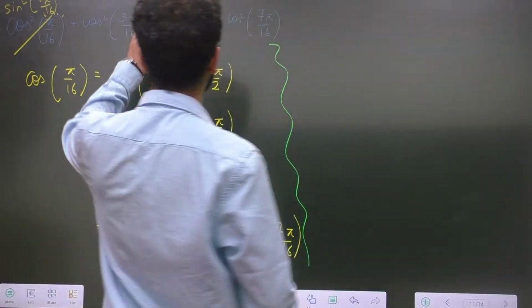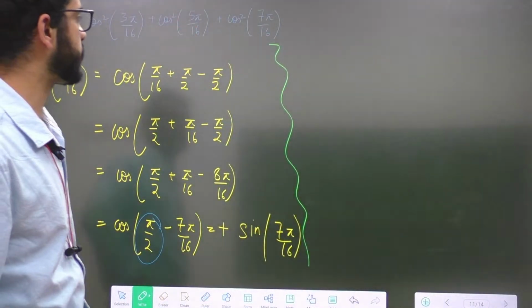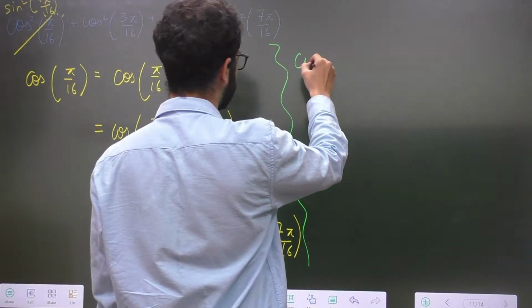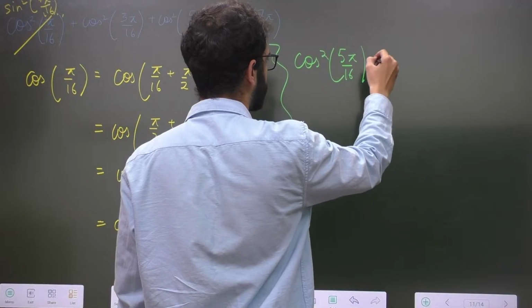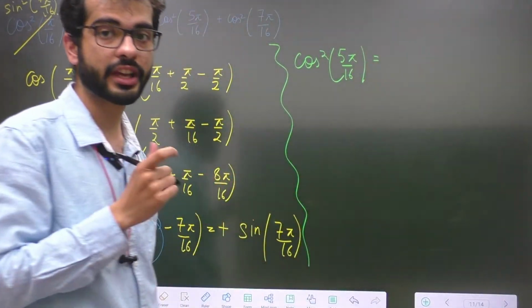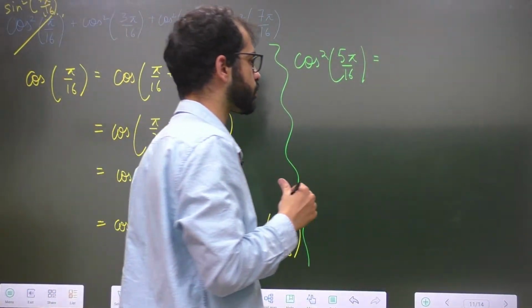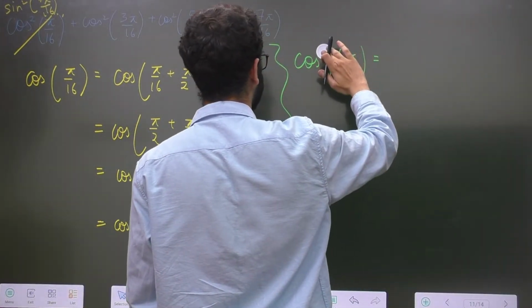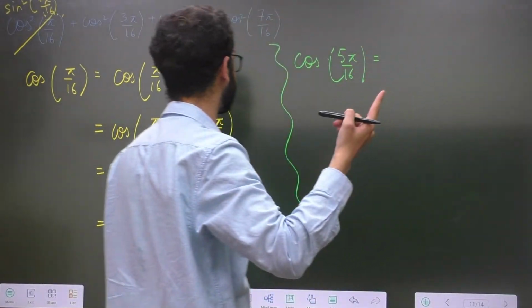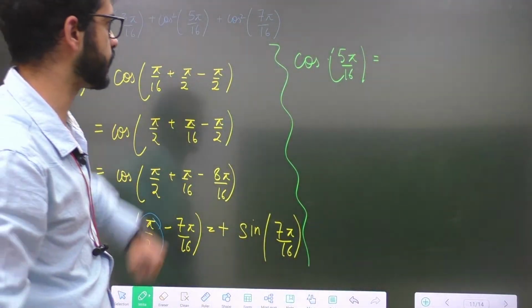Now I want to convert cos square 5 pi by 16 into sine. If I want to convert it to sine, then I need pi by 2 inside the argument. Let's simplify the question and I'll only solve it for cos. Then we'll square the two terms and I'll write the value of square in the final expression.